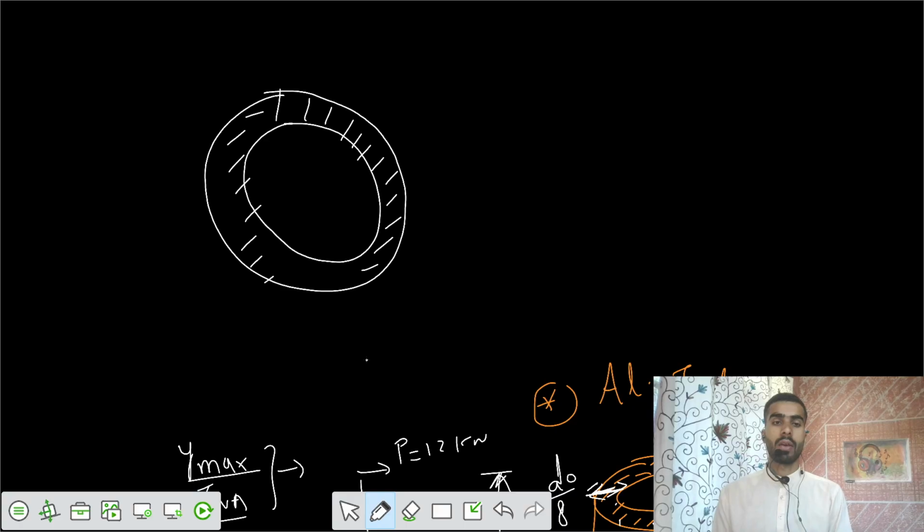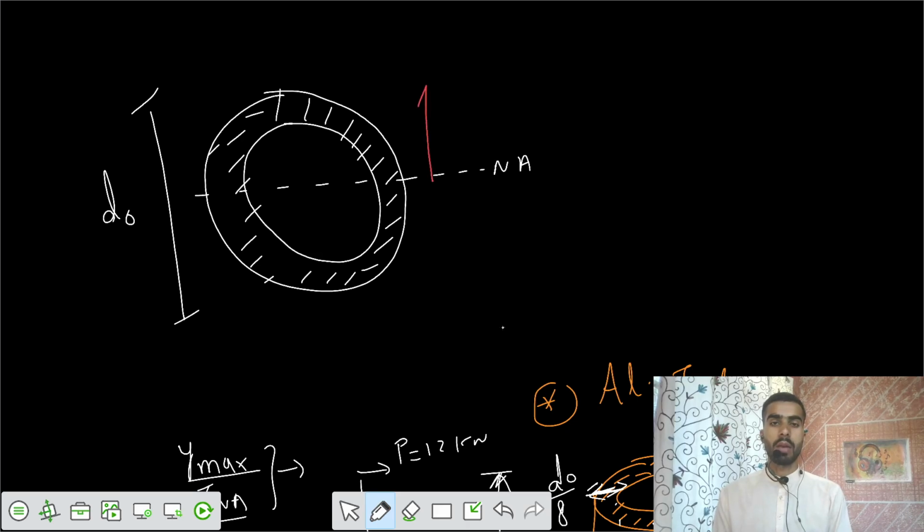If you have the neutral axis, and total outer diameter is d naught, then y max would be equal to d naught by 2, d outer by 2.